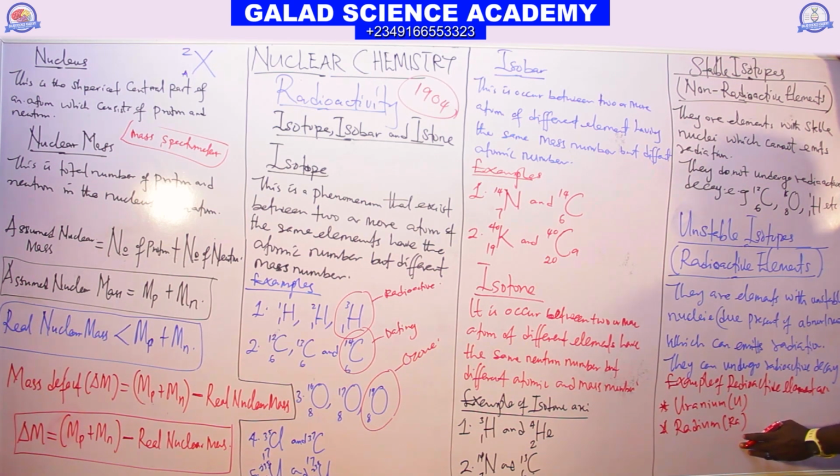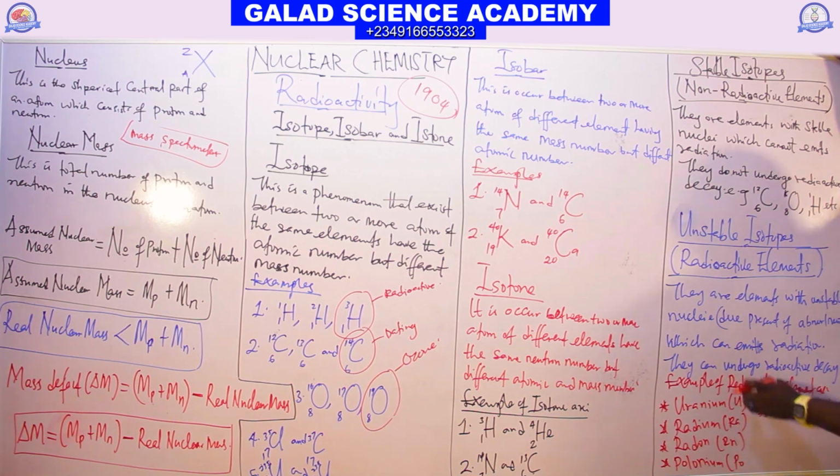We have radon, which is Rn. We have polonium, which is Po. And the last one we have thorium, which is Th. These are the common radioactive elements.